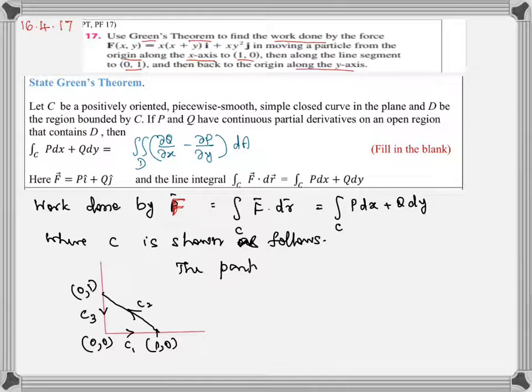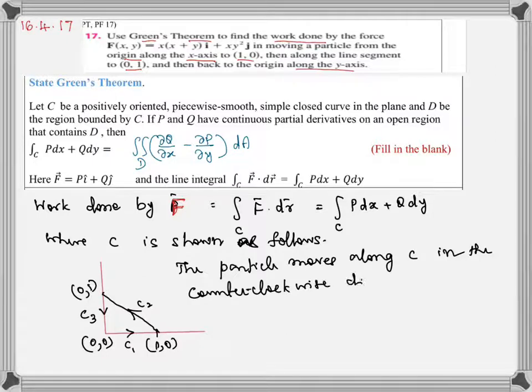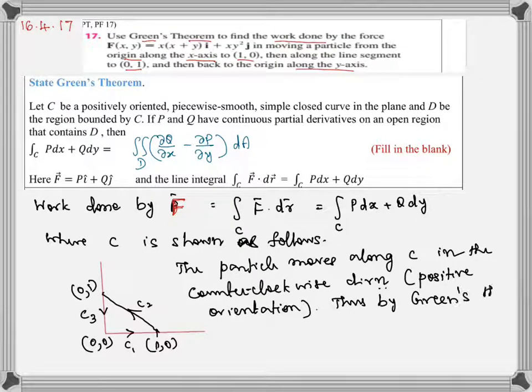Then the particle moves along C in the counterclockwise direction, which is also known as positive orientation. Thus, by Green's theorem, we can say the integral over C of F dot dr, or work done, is equal to the integral of x(x + y) dx + xy² dy.